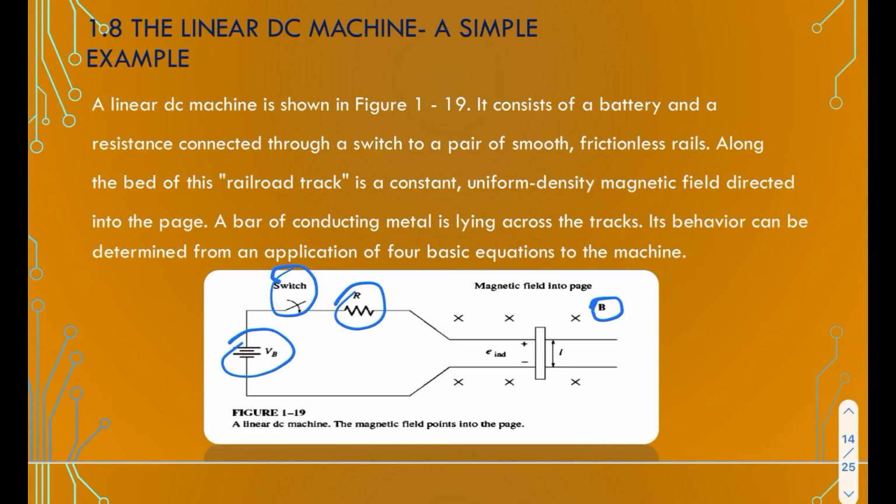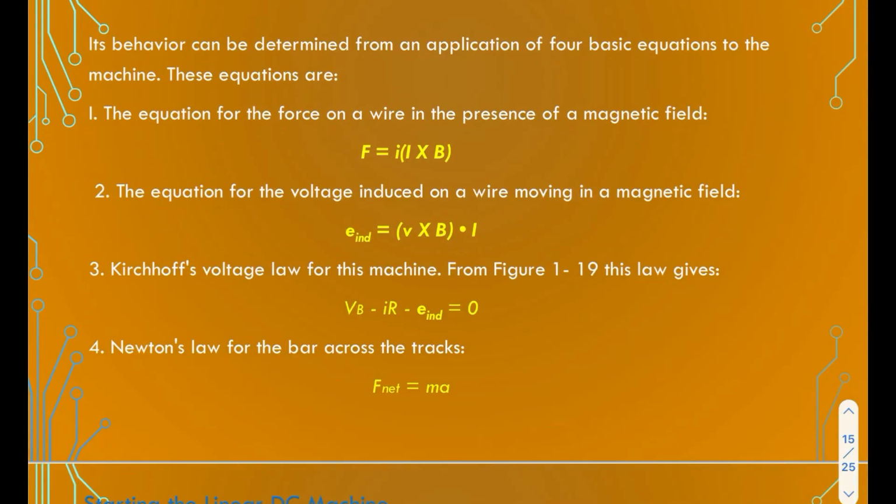A bar of conducting metal is lying across the tracks. Its behavior can be determined from an application of the 4 basic equations to the machines. We will use the 4 basic equations that we have discussed.